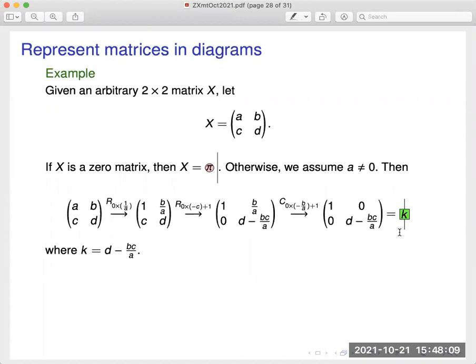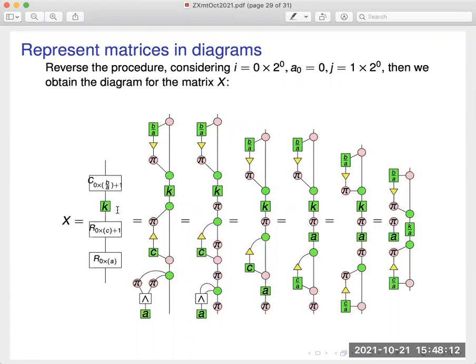To represent X, you just need to reverse the elementary transformations. Before it was multiplying by minus B over A, now it's just multiplying by B over A. The column operations are put on top, and the row operations are put on the bottom. As we have shown before, for these elementary transformations, you use the diagrams put here, and then you do some simple simplification.